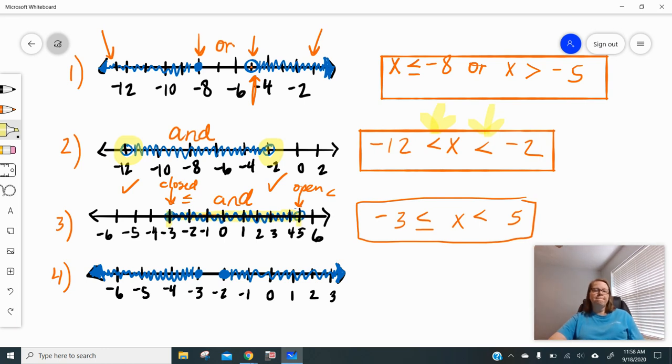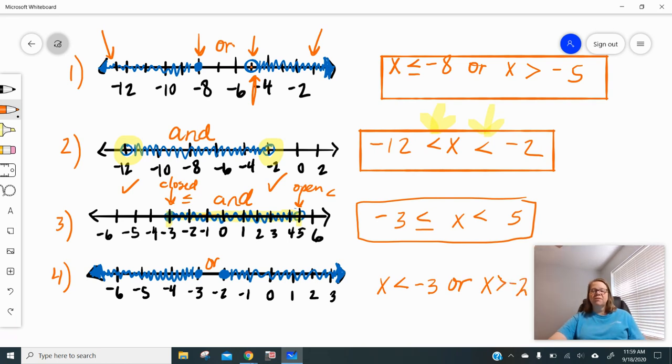All righty. Let's look at the last one. I've got another spot for or. X can be anything less than -3. So less than -3, or, I'm not done, don't worry, or x is anything that's bigger than that -2, so greater than -2.